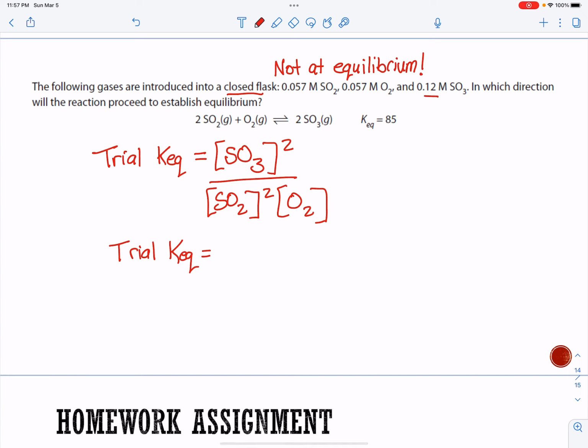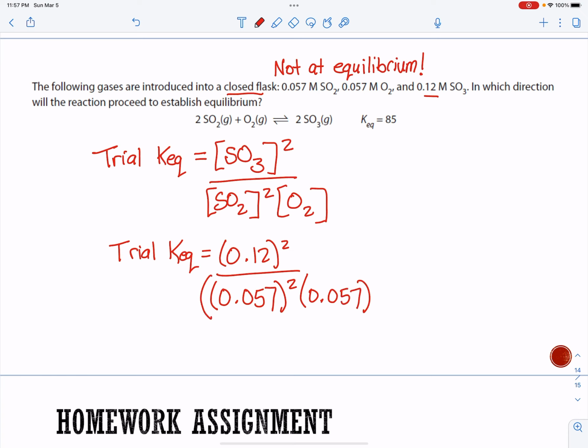I've got my SO3, 0.12, we're going to square it. On the bottom, SO2, 0.057 squared. And then my moles of oxygen, 0.057 again. When I put this in my calculator, I'm going to double bracket this whole bottom part so that we remember that the denominator consists of all these things. And I'll put them into my calculator.